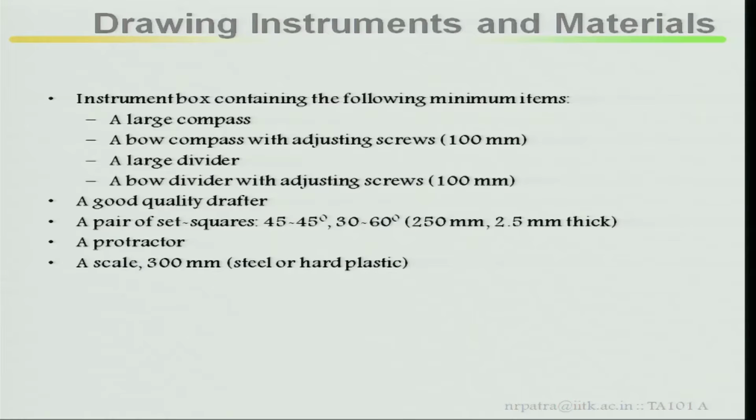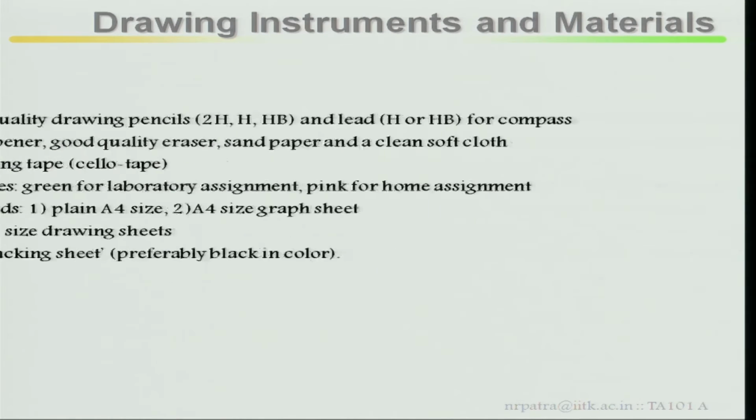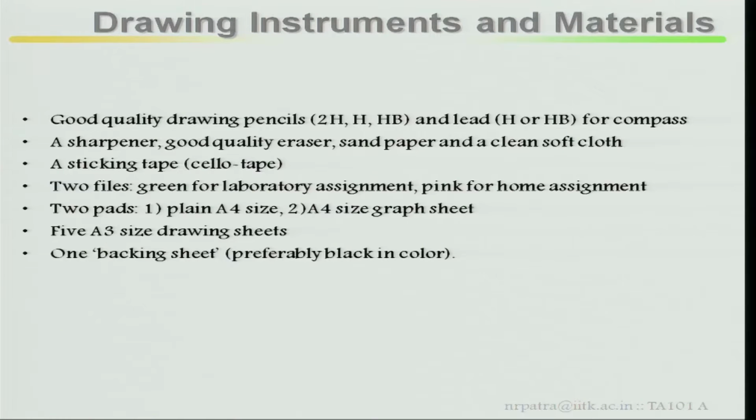Now, drawing instruments and materials required in this course. An instrument box containing the following minimum items: a large compass and a bow compass, large divider, bow divider, a good quality drafter, a pair of set squares, protractors, scale, good quality drawing pencils.